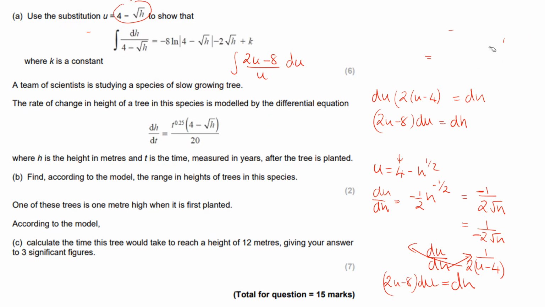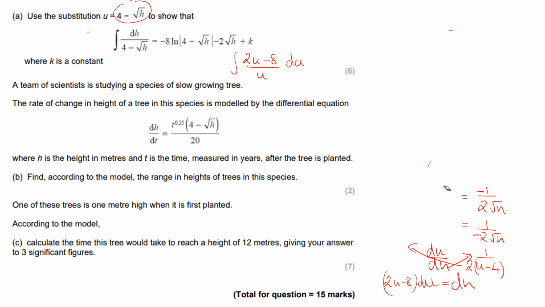Yeah. So now we've done our substitution, what are we going to do to try and integrate this? Make it turn into separate fractions. Exactly. 2 minus 8 over u. Yeah, so those u's will cancel, and we're just going to be integrating 2 minus 8 over u.